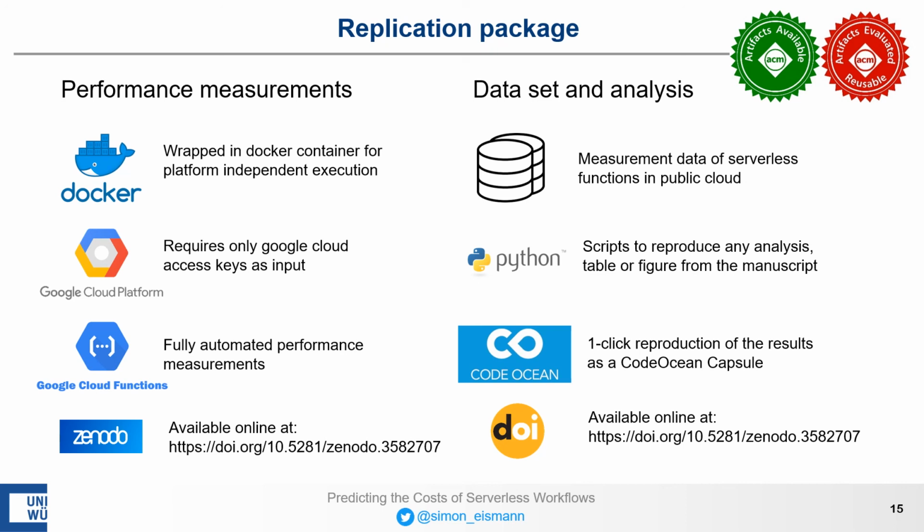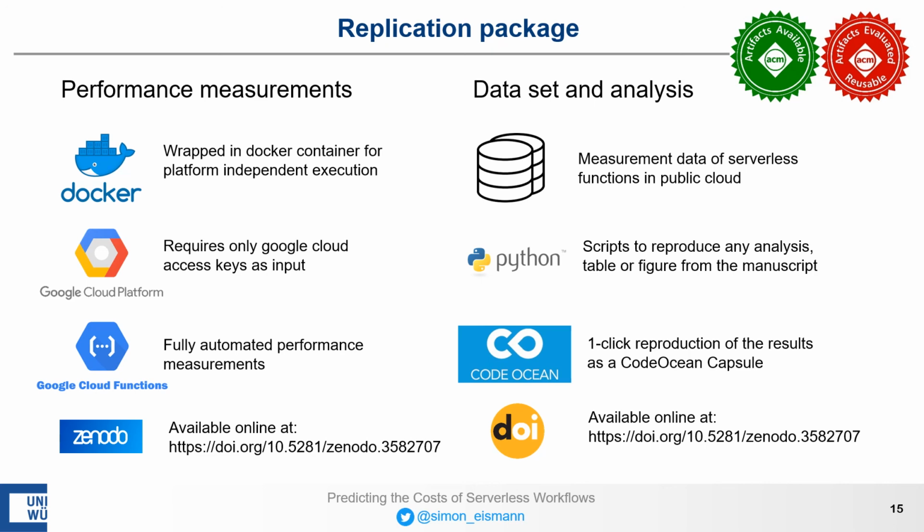First, the performance measurement script, which will automatically deploy the functions into your Google Cloud account, perform the performance measurements, and tear them down again. Additionally, we've also published the dataset and analysis scripts we used over the course of this paper. And we've published them as a CodeOcean capsule, which allows you to replicate the analysis side of our paper with a single click.